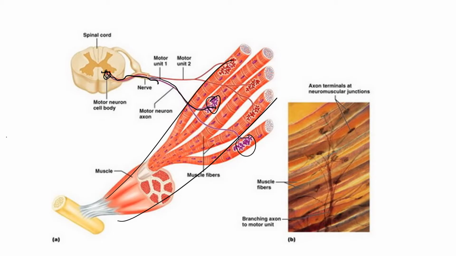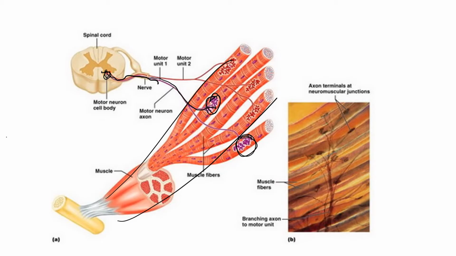In this example, the alpha motor neuron is synapsing with 2 muscle fibers, but that's really not going to happen. It's probably going to be somewhere between 50 and 1,000 muscle fibers, minimally 50. You're not going to have an alpha motor neuron that travels out to the biceps muscle and only synapses with 2 muscle fibers. That never happens, okay?